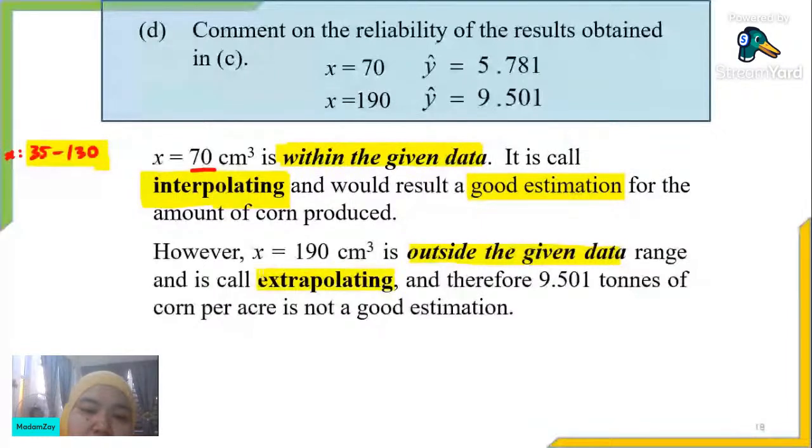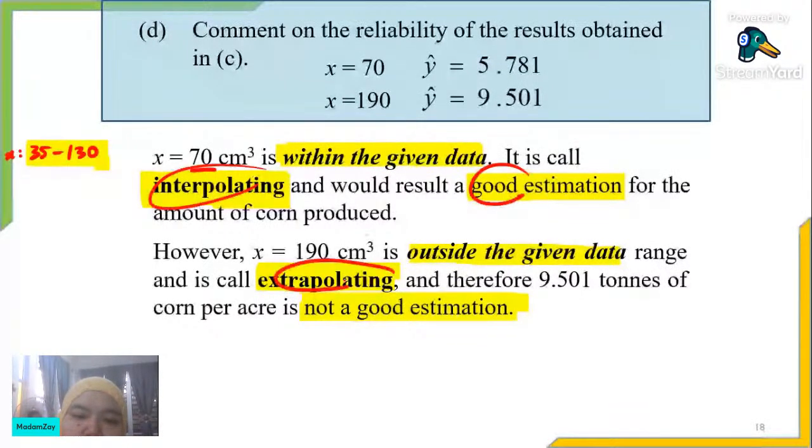So we have two types for these expected values. If within the given data, we call it interpolating. But for 190, it's outside the given data, so we call it extrapolating. Therefore, this 9.501 tons of corn per acre is not a good estimation. If we get interpolating, it's good. If extrapolating, not good.